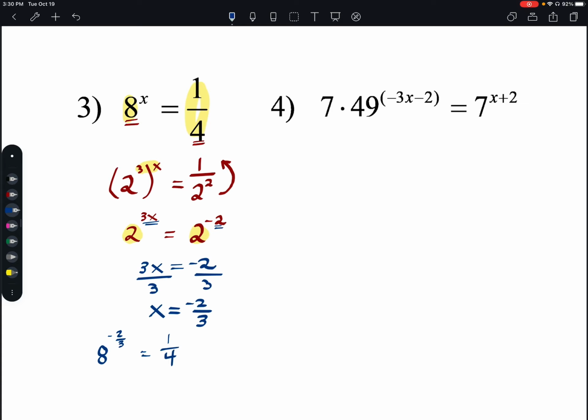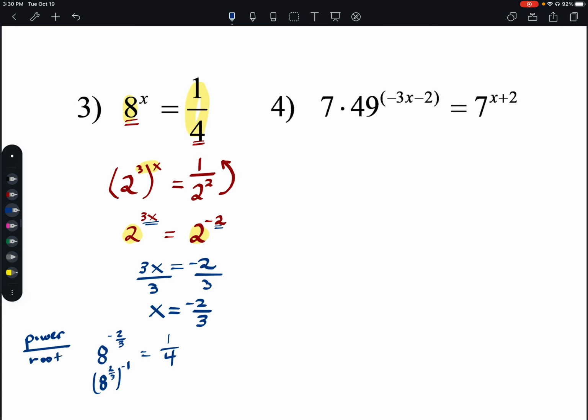But if you do remember here, this is the same thing as saying, let's do it like this, 8 to the 2/3 power, and then we'll worry about the negative here in a second. So remember, 2/3, we're talking about power over root.